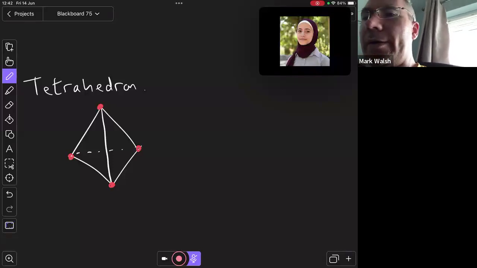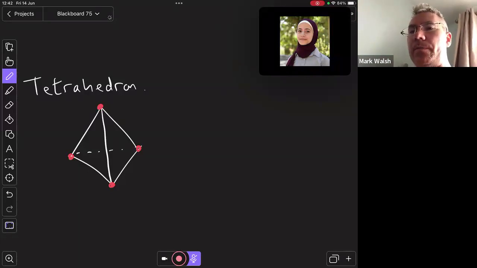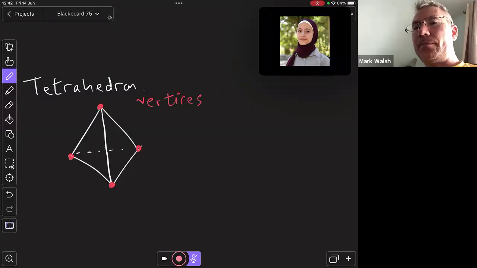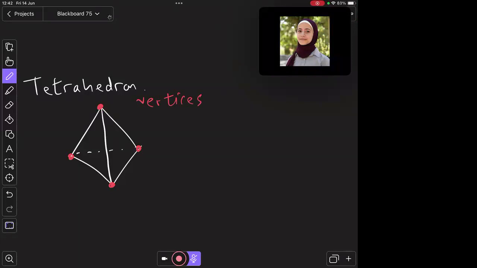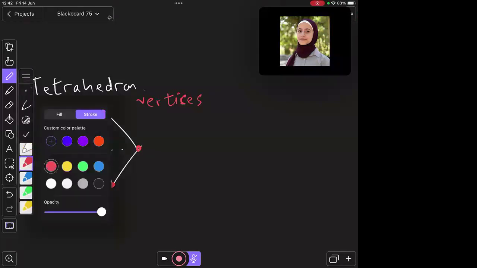Yeah. Great. So my question is, how many corners does this shape have? 5. You sure? Vertex 1, 2, 3, 4, 5, 6. No, there's only 4. Oh, okay.